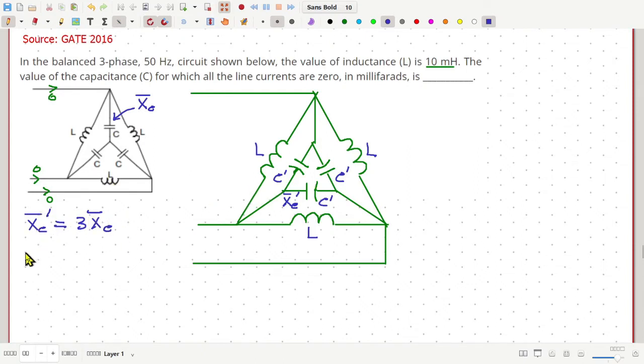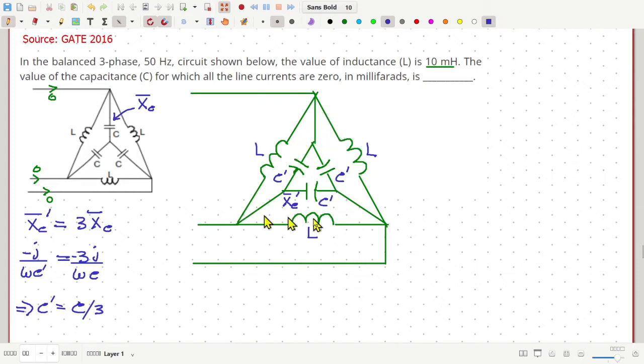Now XC prime is given by minus J by omega C prime, the new capacitance, and this is equal to 3 XC. XC is minus J by omega C, the original capacitance. So from here we get C prime equal to C divided by 3.